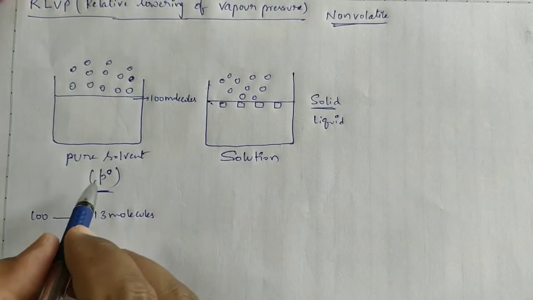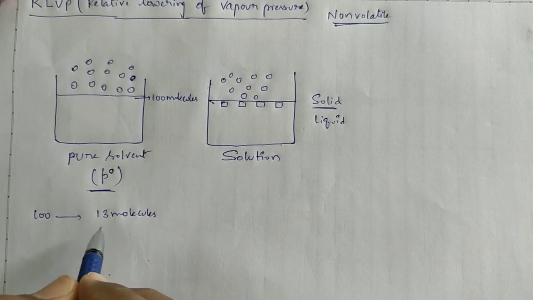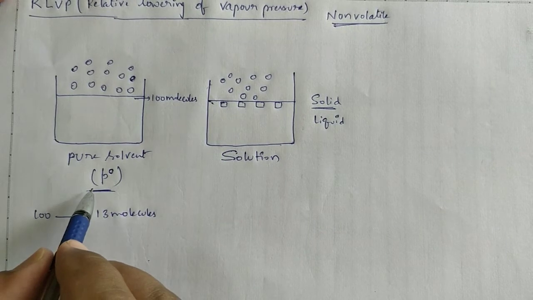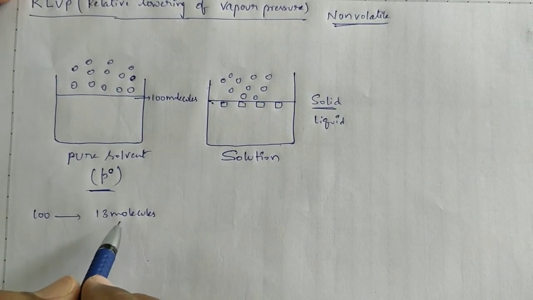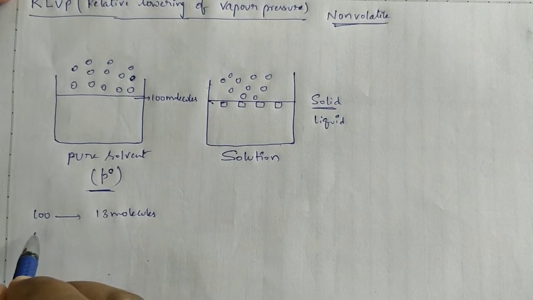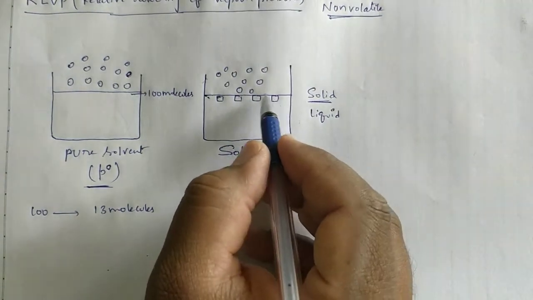This pure vapor pressure P naught is because of how many molecules? 13 molecules. Those are obtained out of how many molecules? 100 molecules.